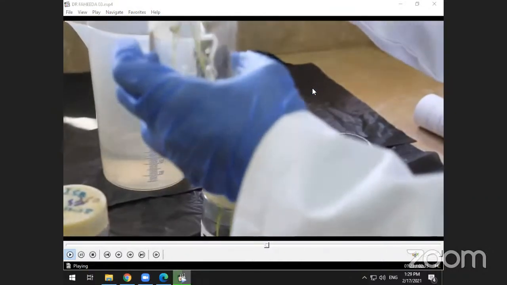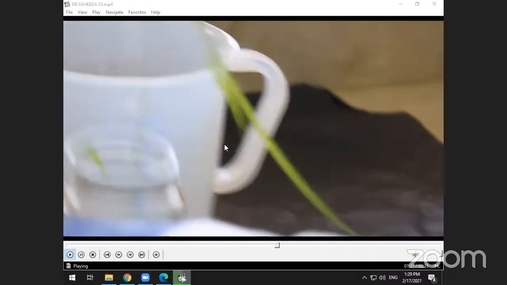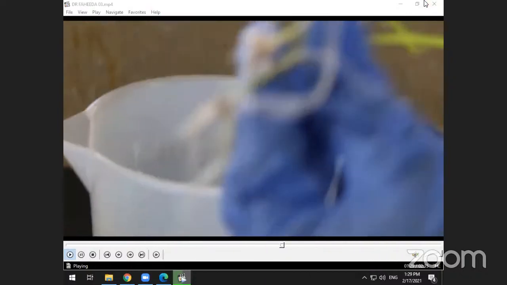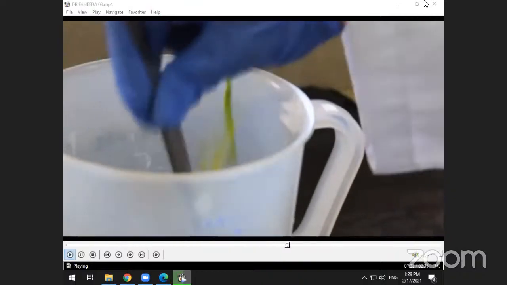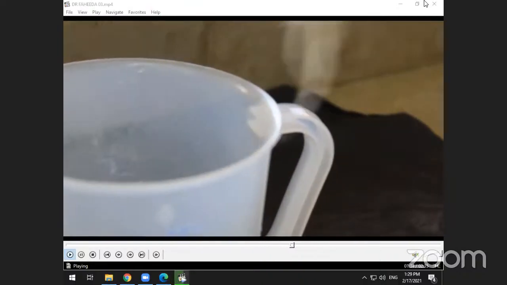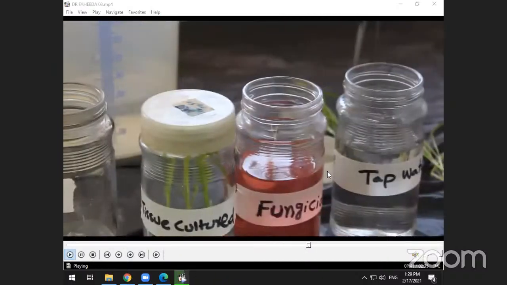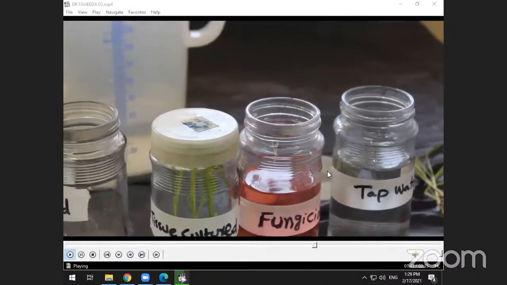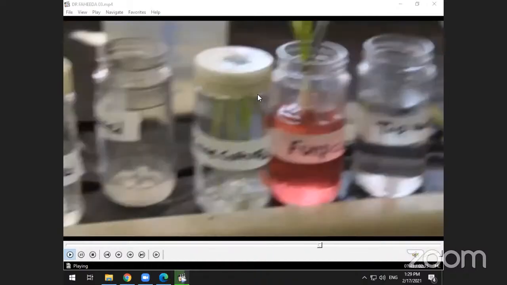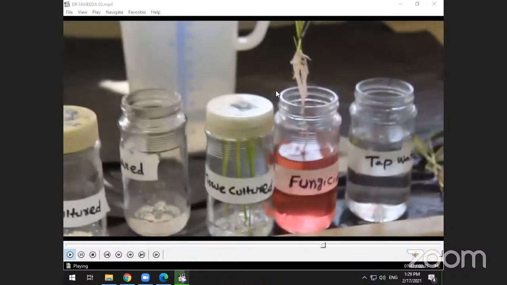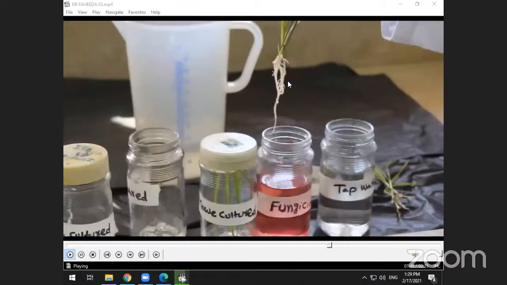Take out the plants from the media jar. Wash the traces of agar from the media with tap water. After rinsing it with tap water, they should be dipped in fungicide to avoid any kind of fungal infection before transferring them into the field.